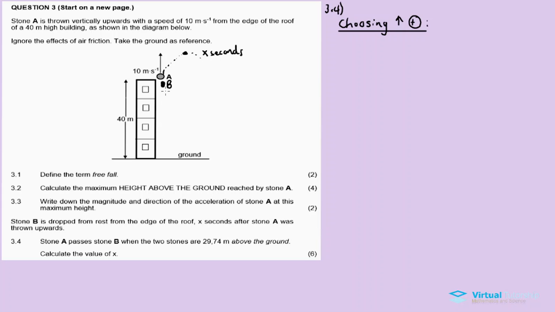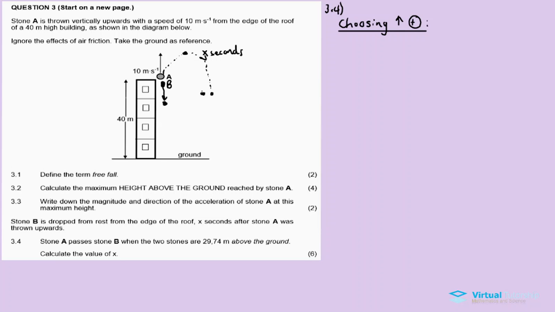Stone B is dropped from rest from the edge of the roof X seconds after stone A was thrown upwards. After X seconds, boom, B is dropped. Stone A then comes back down to the roof level, and then B as well.